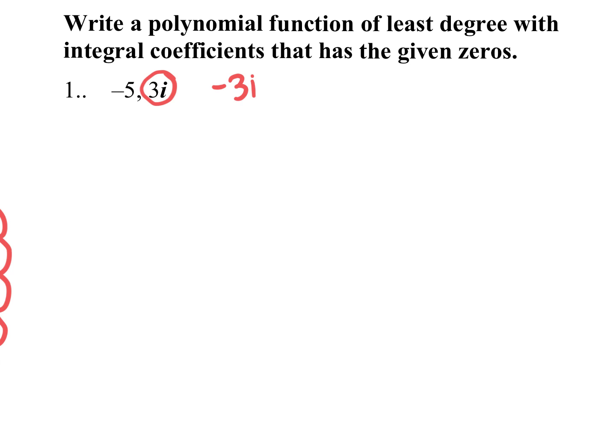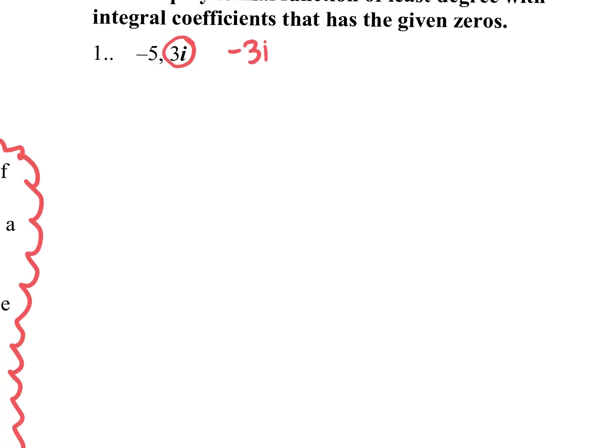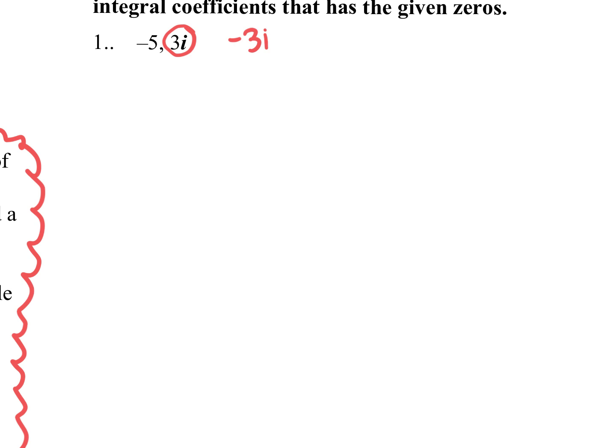Okay, so we have these 3 answers, and in order for us to get 3 answers, we need at least a third degree equation. So like before, let's work backwards. Everybody leave some space, actually leave a lot of space, all right? And down here put x equals negative 5. And then let's also put x equals that 3i, and also the complex conjugate x equals negative 3i.